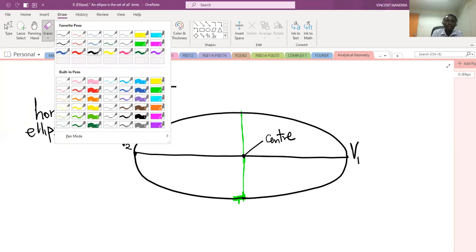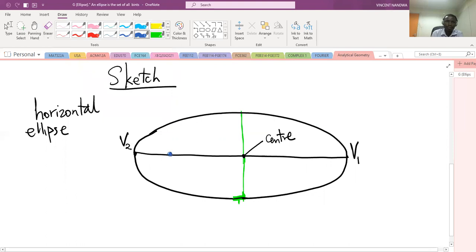And then we have a point here and another point here. Call this one F2, call this one F1. These points F1 and F2 are what are called foci. One is called a focus.